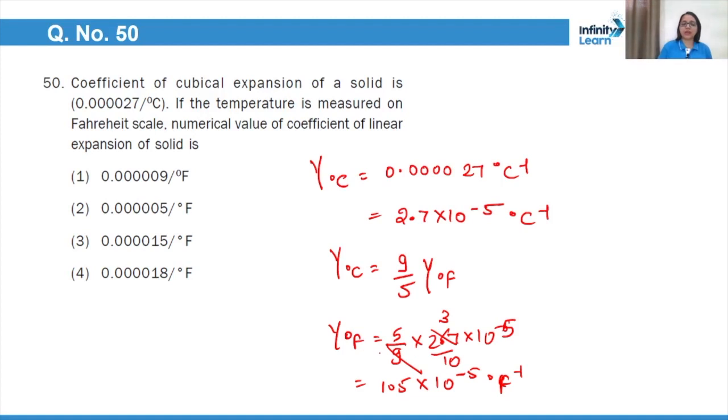But we need to find alpha. So alpha will be gamma upon 3, which is 1.5 into 10 power minus 5 divided by 3. So it will be 0.00005 degree Fahrenheit inverse, which is option 2.